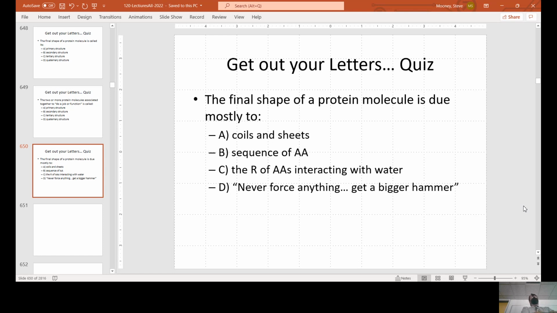So the interaction of the R groups with the water is probably the best answer up there, but B and C are equally correct in the sense that the sequence of amino acids will determine where the R groups are and how things will shape and turn and twist. Any questions on any of that?